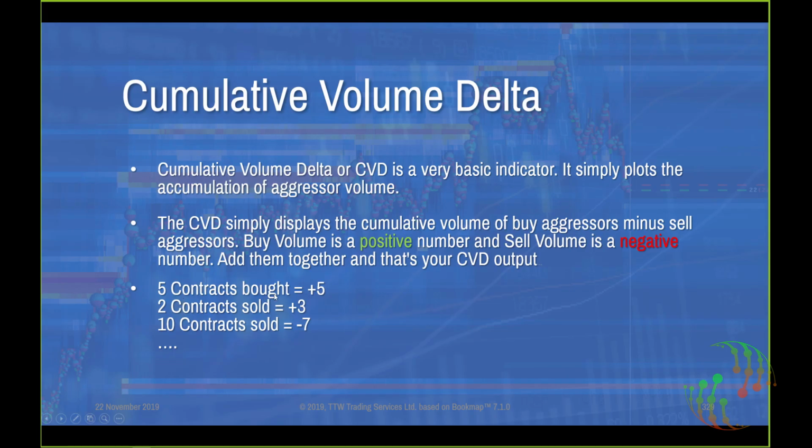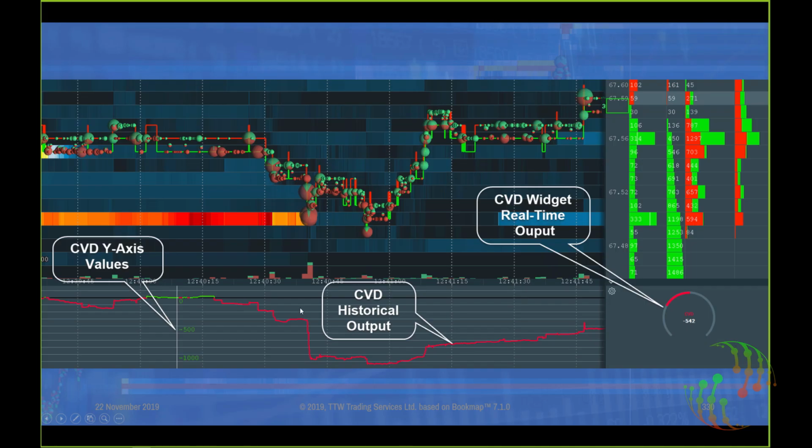So if you buy 5 contracts and you sell 2 contracts, you get +3 in this case, and if you sell another 10 contracts, you get -7. That's very, very obvious. So in your Bookmap, you have the y-axis values here, displayed by the thin white line.